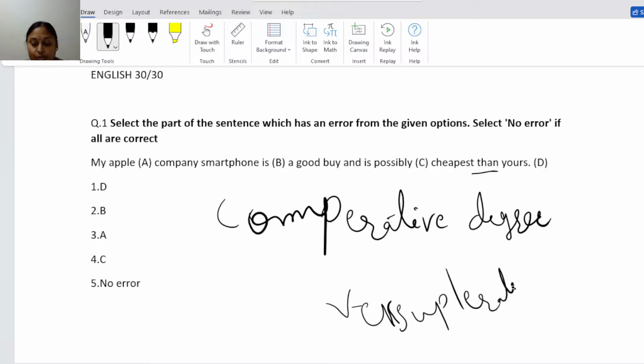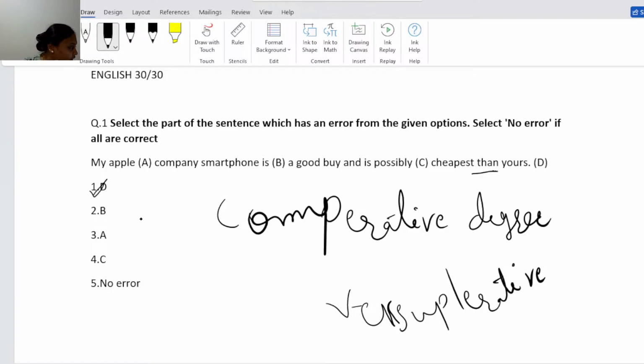What is the meaning of superlative degree? It explains the highest or lowest quality among the possible objects. But here than came along with cheapest, so we consider the comparative degree. According to that, the error is in option D. So the option will be D.